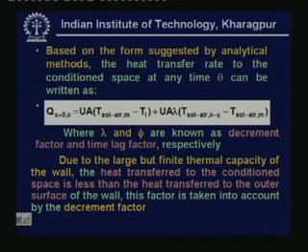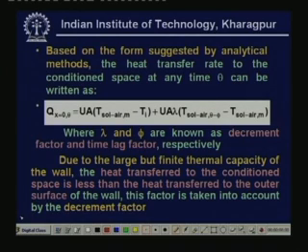And based on the form suggested by analytical methods, the heat transfer rate to the conditioned space at any time θ can be written as, so this, as I said, is the form suggested by the analytical method.